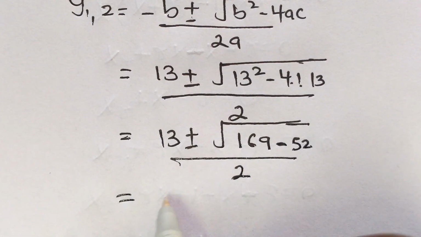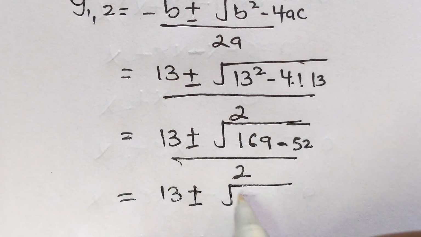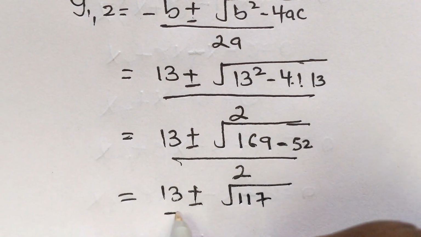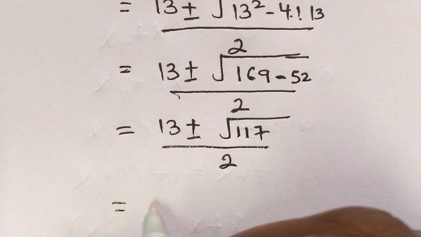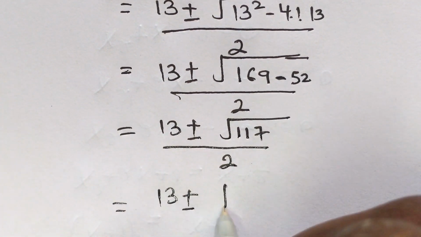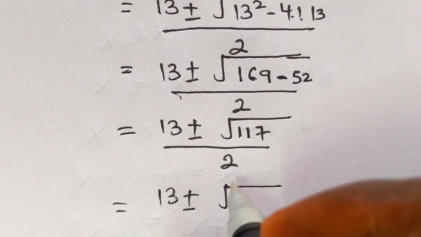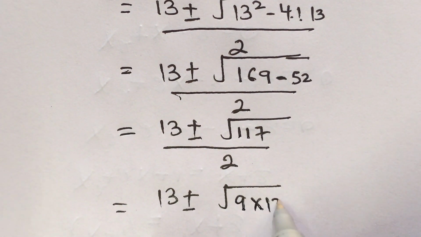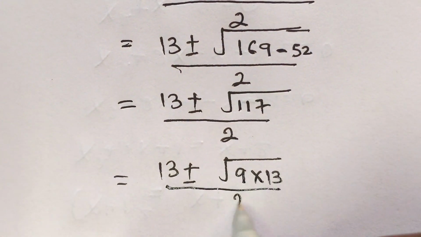This is equal to 13 plus or minus the square root of 117 over 2. Of course, 117 can be written as 9 times 13, then over 2.